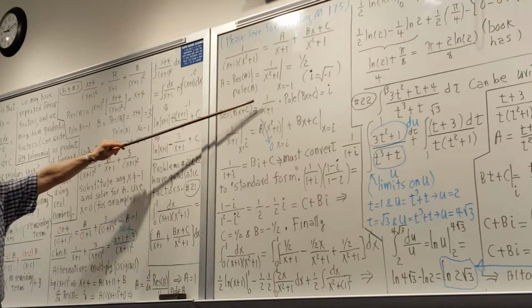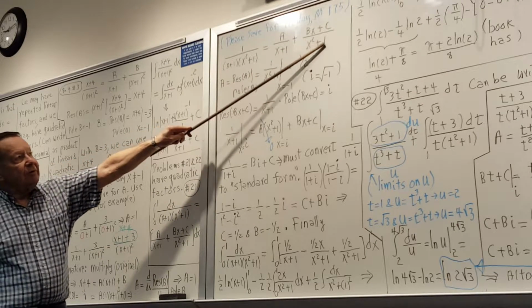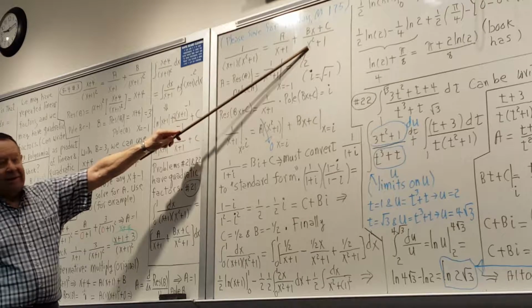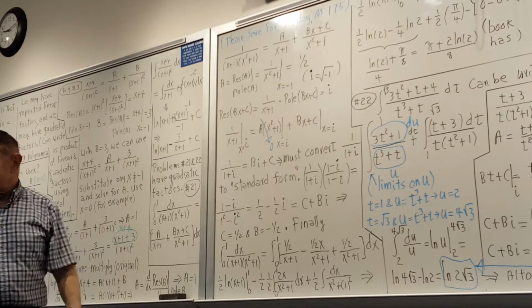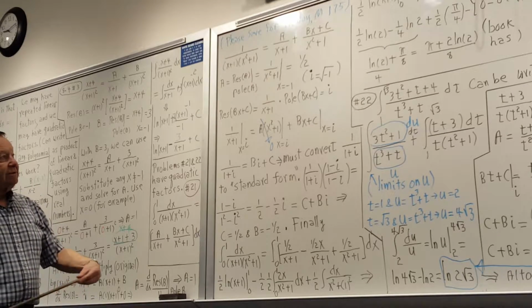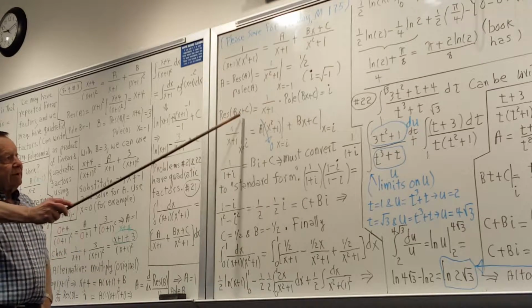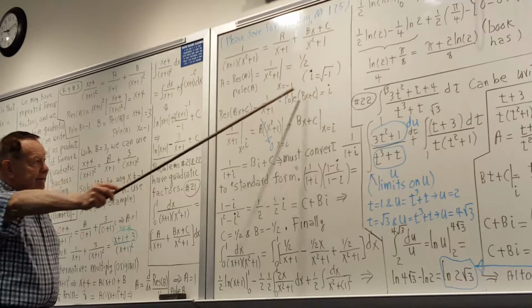So the residue would be this, and your pole would be what makes that denominator 0, which is i, square root of minus 1. So your residue is this, and your pole is i.